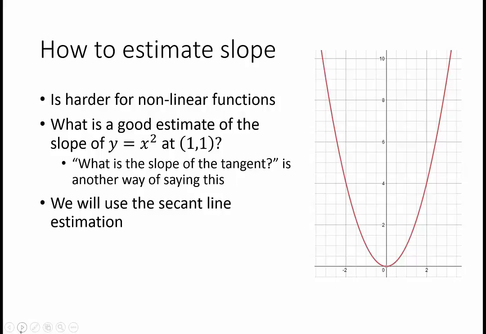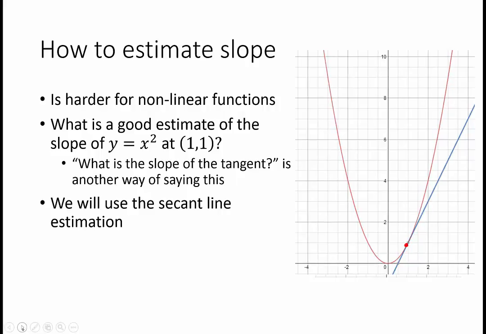And one way to do that would be to use a secant line estimation. If I want to find the estimate of the tangent at that point, I might choose a secant line to do that estimate. But of course that begs the question, well, what's a secant line?